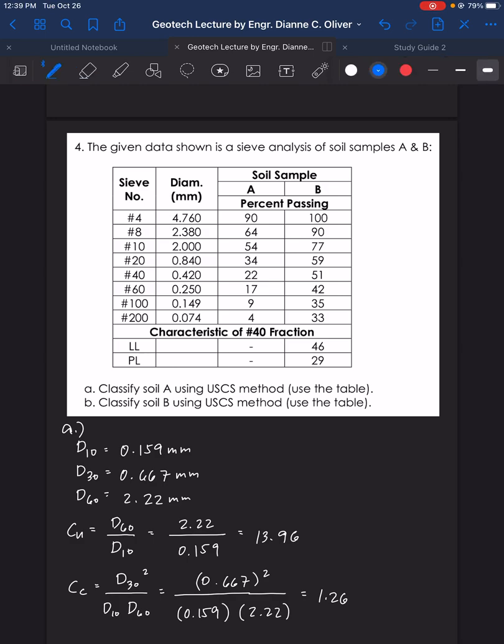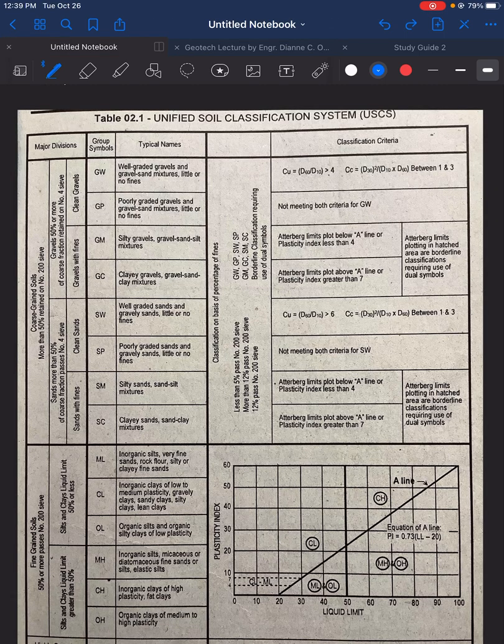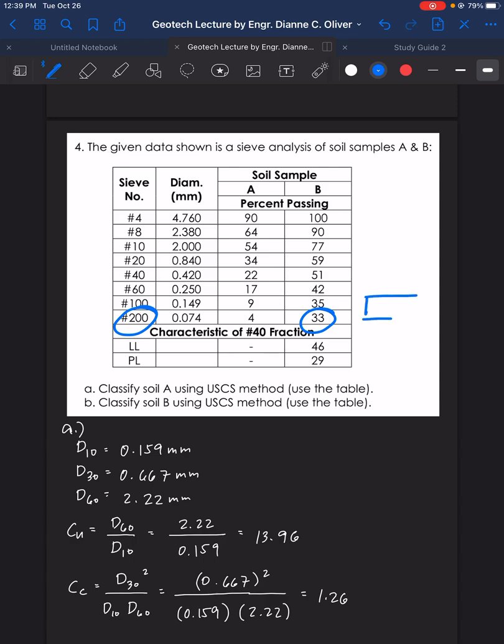Percent passing for number 200 for soil B is 33%. So if this is 33% passing, we have here 67% retained. Therefore, we can conclude that the soil type is coarse-grained, gravelly or sandy, versus fine.